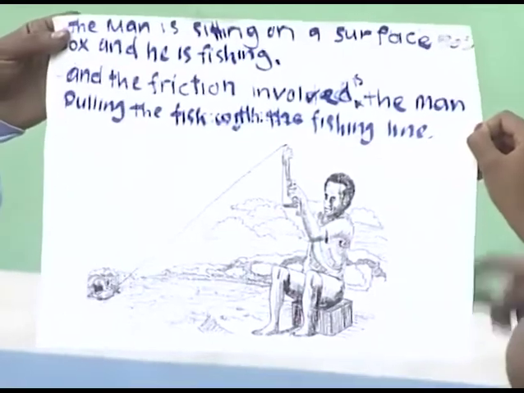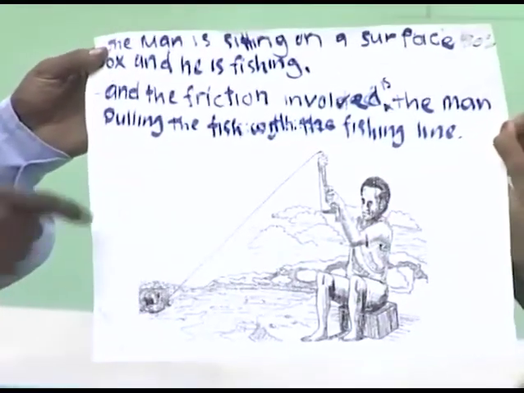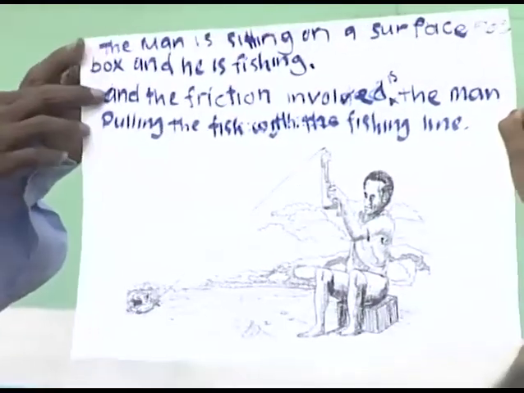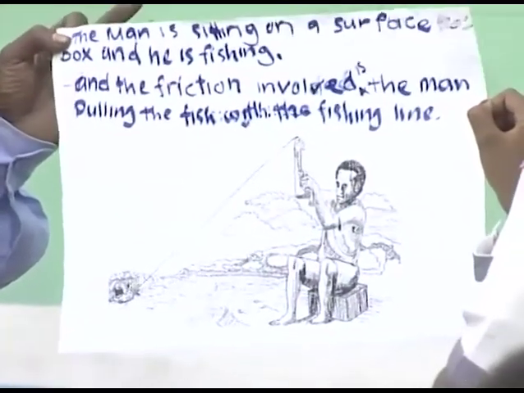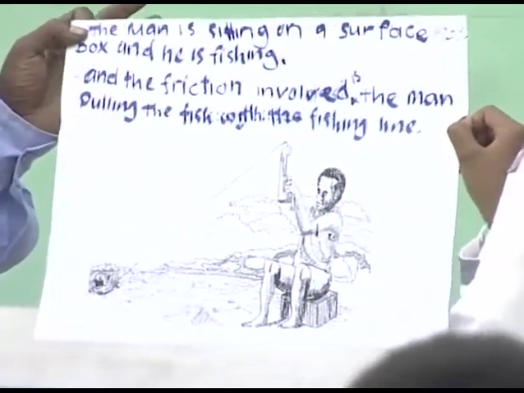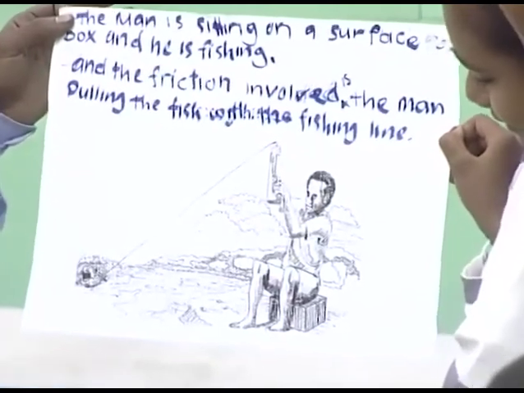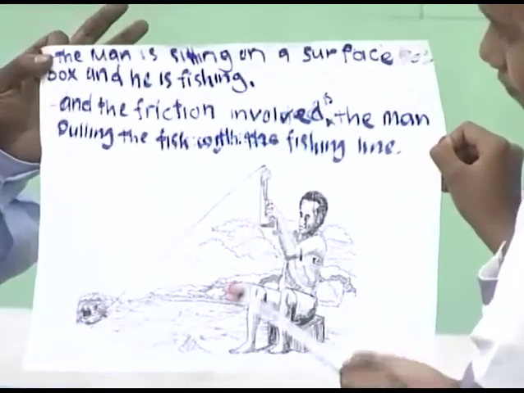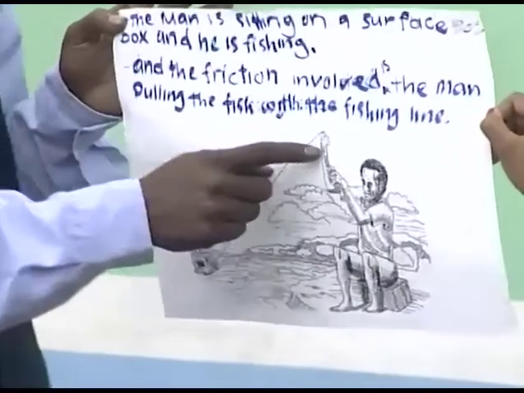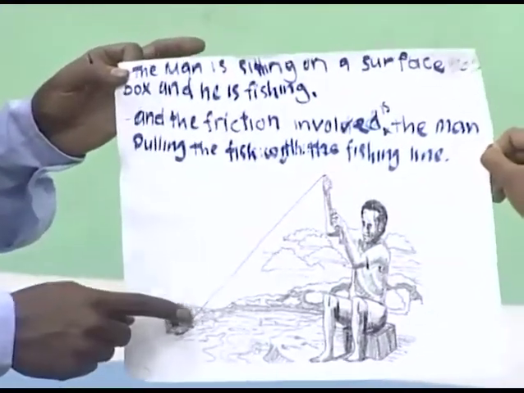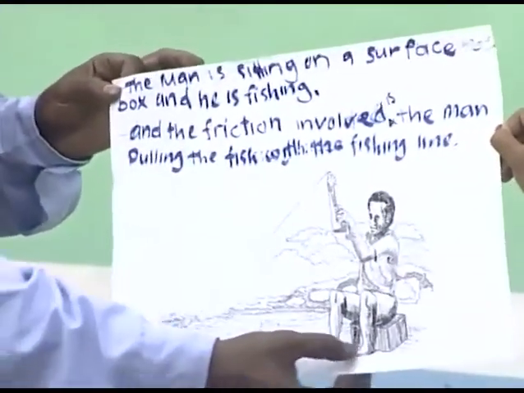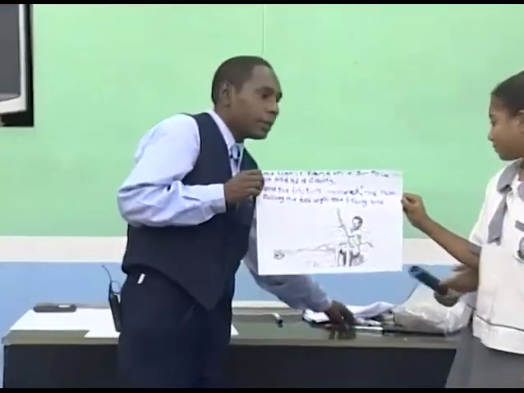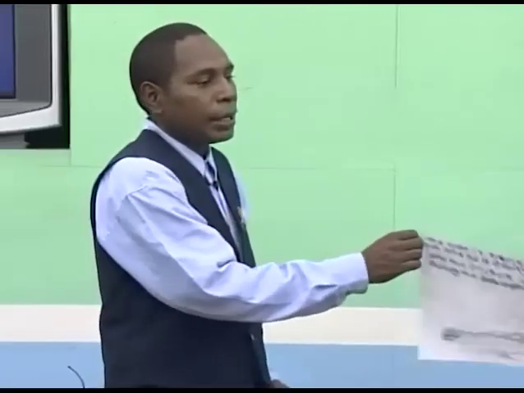The fish is pulling it and friction is occurring also at the fisherman's hands. Where else? Okay, the fisherman's hands. Good. So the friction is occurring there, and probably down here also. Thank you very much, Tahila and Samantha.